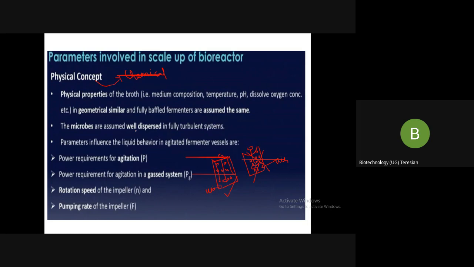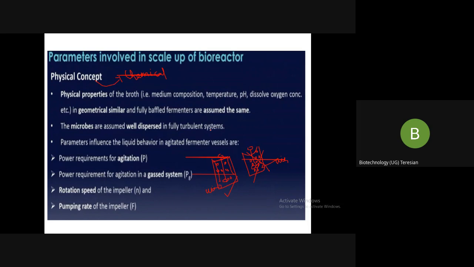Next, the microbes are assumed well dispersed in a fully turbulent system. Turbulent means, as I told you in the previous class, when you're going in a flight and suddenly there is rain or lightning, you feel that severe shaking, okay, a vigorous jerk. It is not a stable system; that is turbulent.